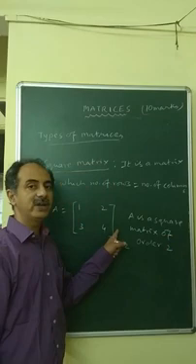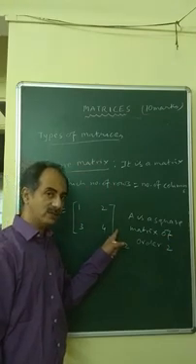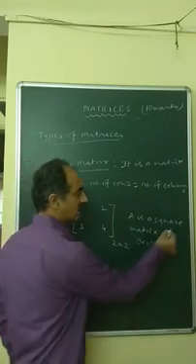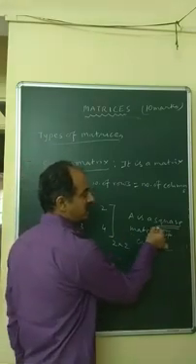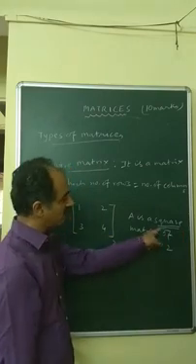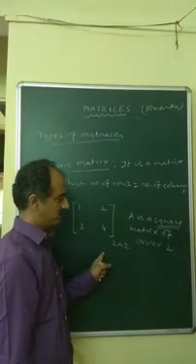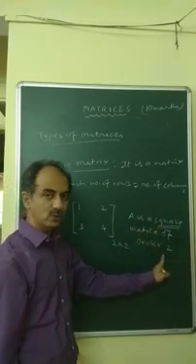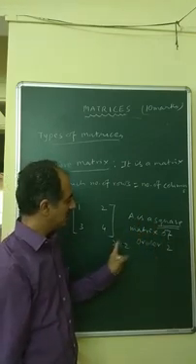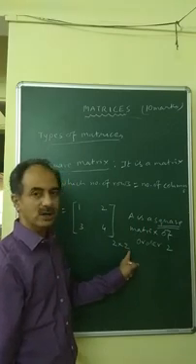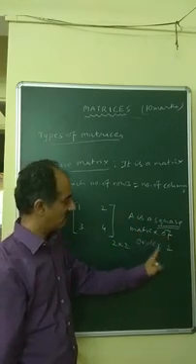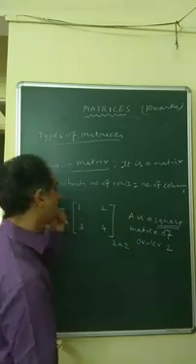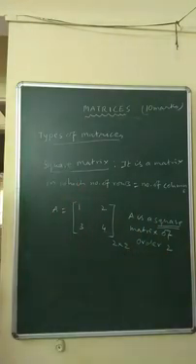While writing the order of a square matrix, it is not necessary to write 2 cross 2. When we say it is a square matrix, it means the number of rows equals the number of columns. So it is sufficient to write that A is a square matrix of order 2. It means the number of rows and columns are both 2, so its order is actually 2 cross 2.